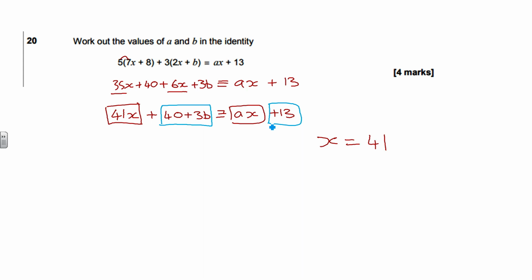So that add 3b is actually taking 27. That's what it's doing. So b must be minus 27 divided by positive 3, which is negative 9.